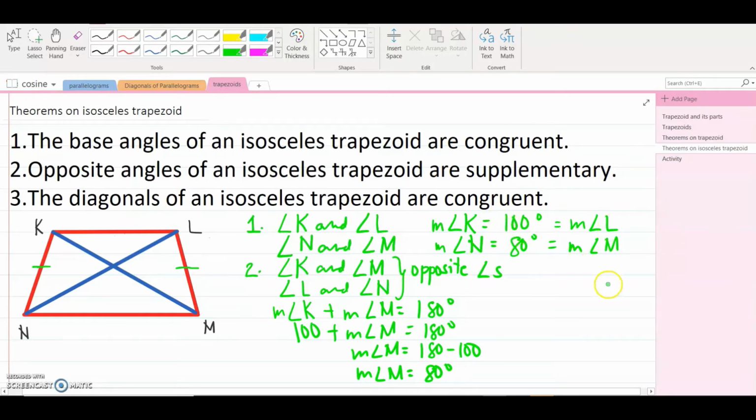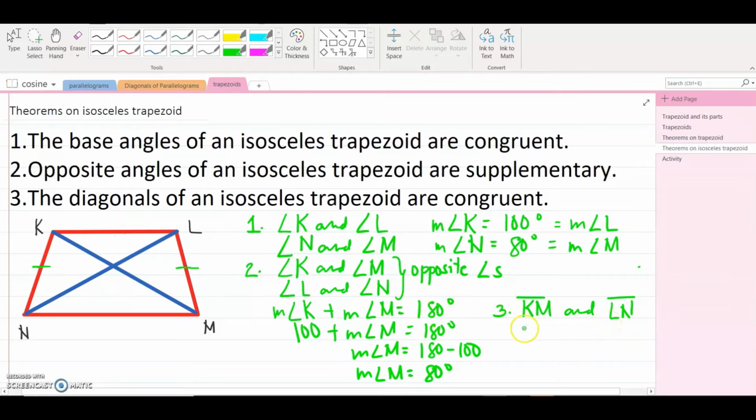Okay, next, number 3. The diagonals of an isosceles trapezoid are congruent. So for number 3, the diagonals will be line segment KM and line segment LN. Obviously, whatever the measure of KM is the same as LN.